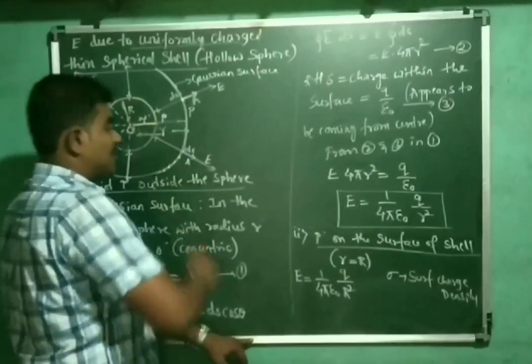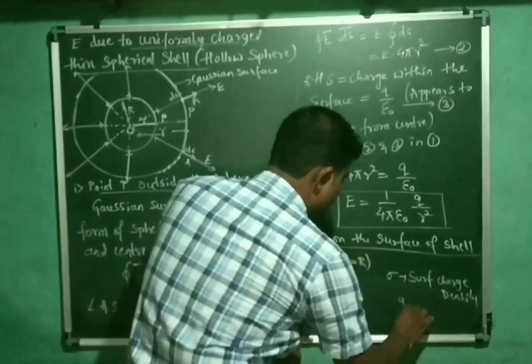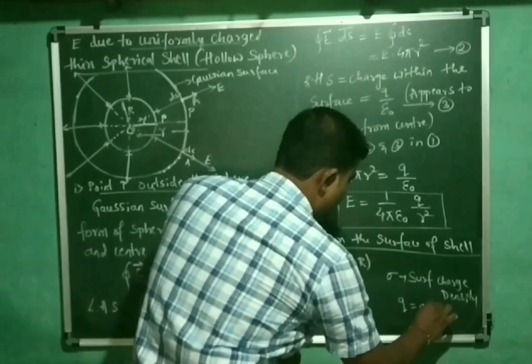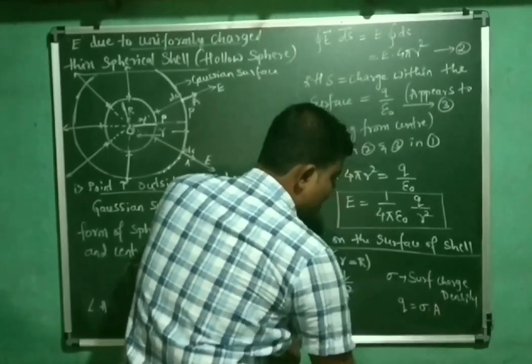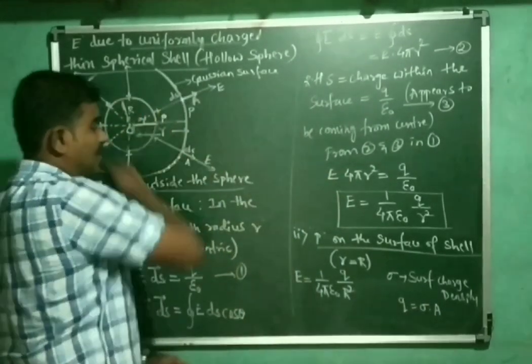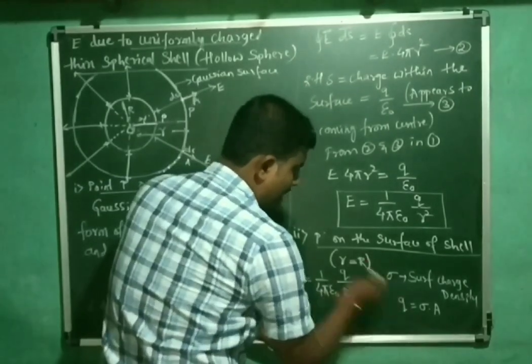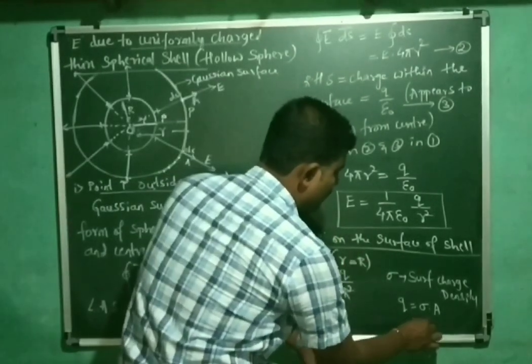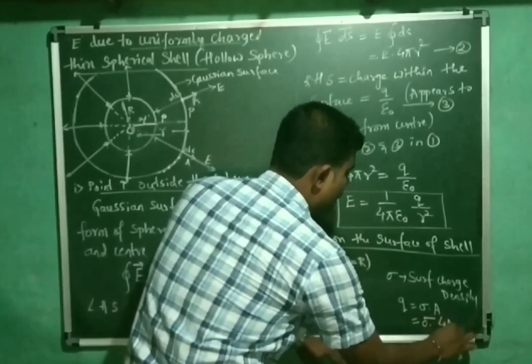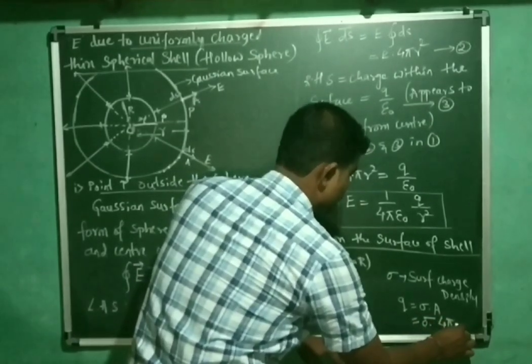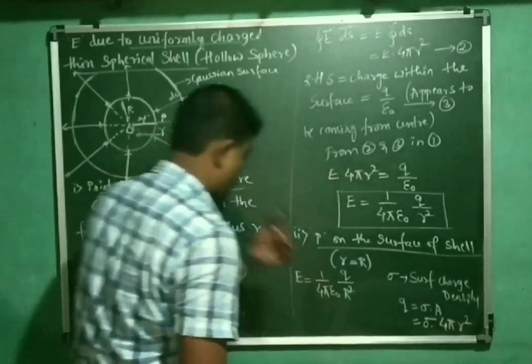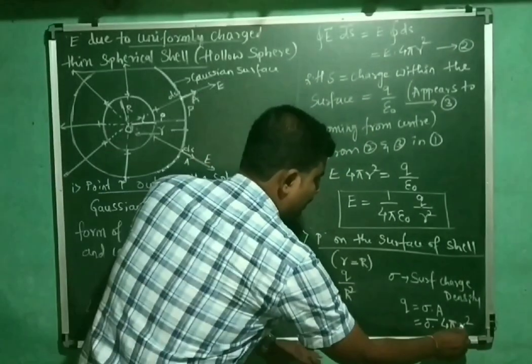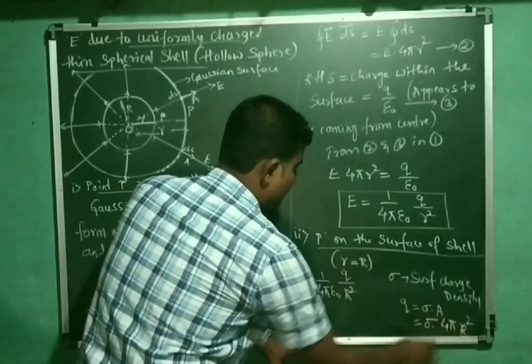Since there are many charges, the total charge is Q is equal to sigma into A. What is A? A is the area of this surface, which is 4 pi R square. So Q is sigma 4 pi R square. You can write capital R also, because both are the same.